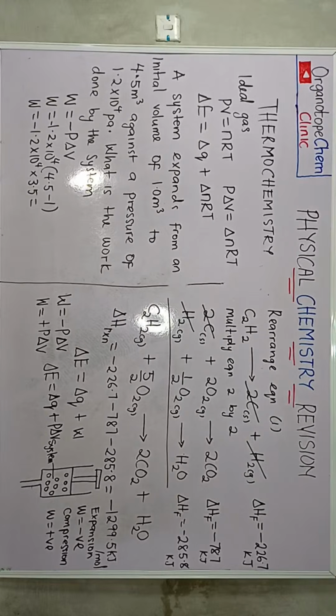Femi, work done by the system is negative. Work done on the system by the surrounding is positive. So the answer is not positive. Can you type the answer? 1.2 times 10 raised to power 4 times 3.5.